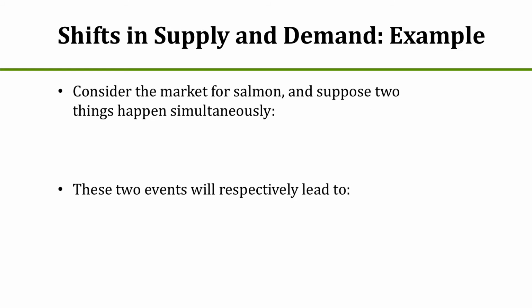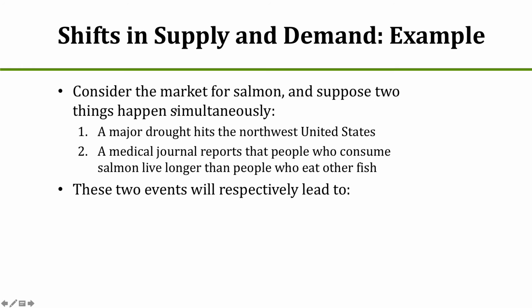Now, to explain the simultaneous shifts better to you, I am going to use an example. In this example, let's consider the market for salmon, and suppose two things happen simultaneously. The first of those is a major drought hits the Northwest United States.